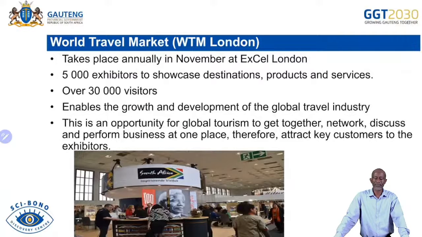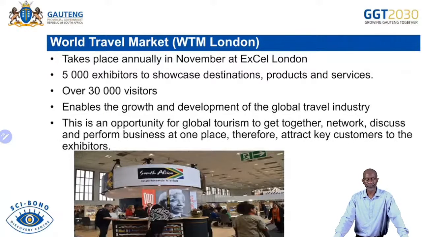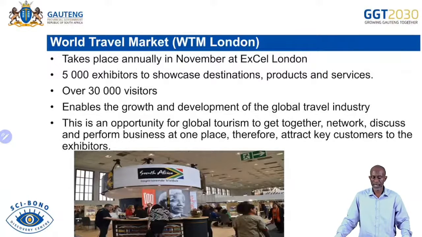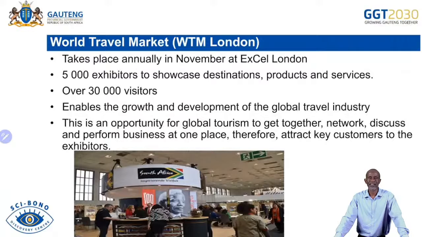World Travel Market is the second one. It's hosted in London. London is found in the continent of Europe. It is a city, and the name of the country is England. The event, like ITB Berlin, takes place annually in November at ExCeL. ExCeL is the name of the venue in London, the city of England.